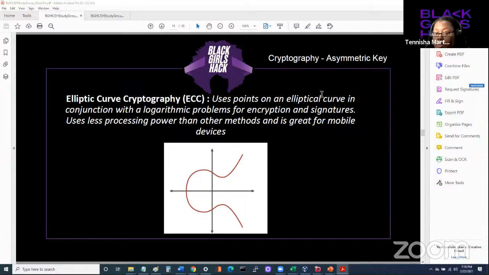This is used for encryption and signatures, and it also uses less processing power than other methods. So you'll see this a lot in mobile devices or in places where they really don't have the time for the higher processing and the slower times of the other types.